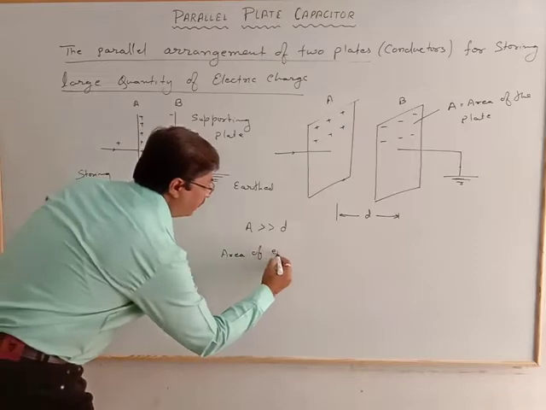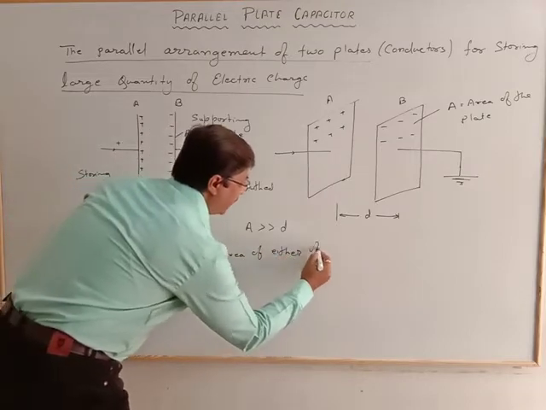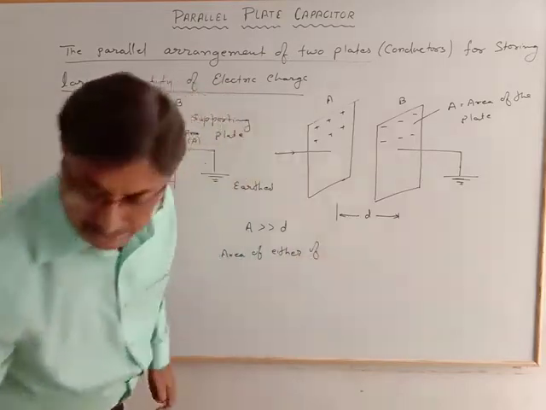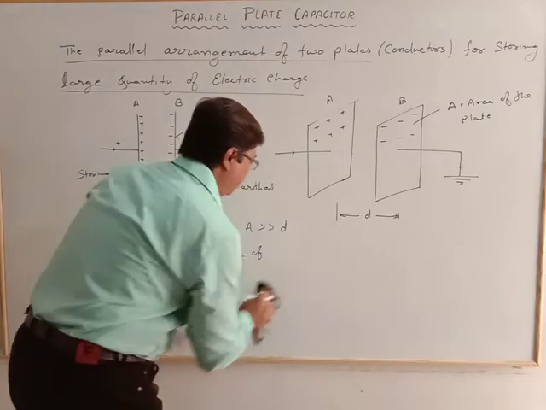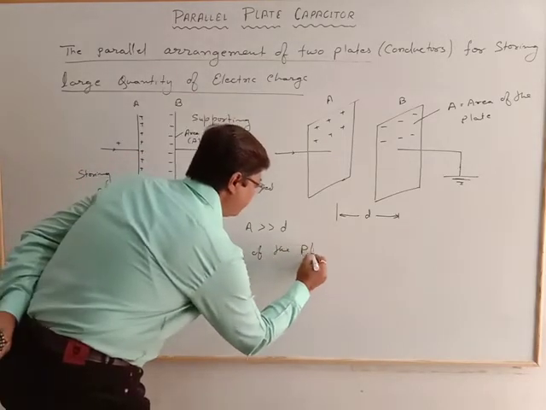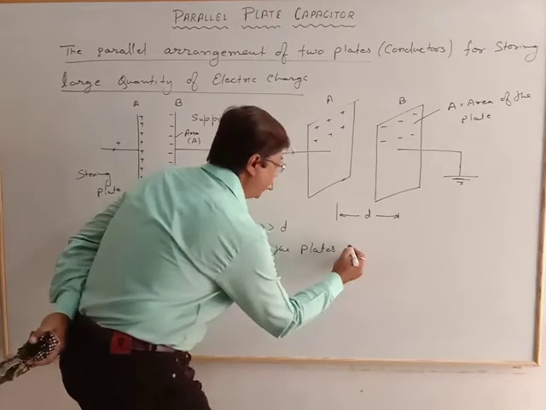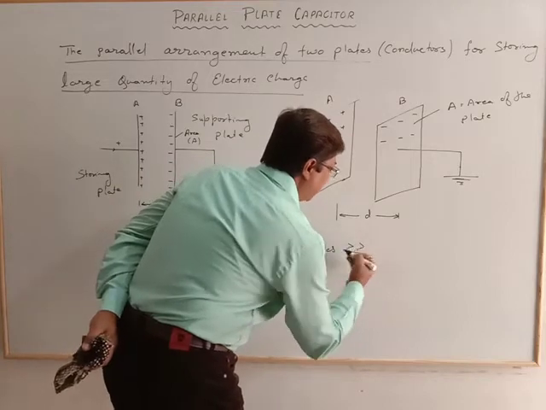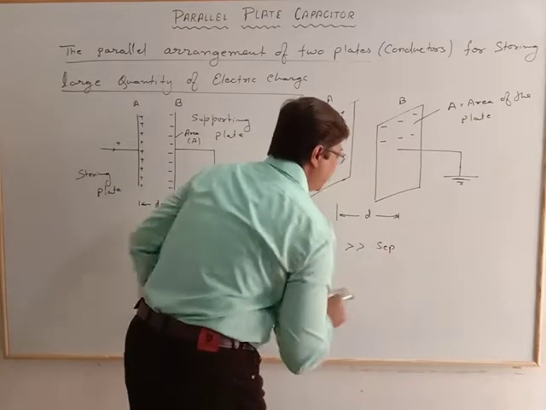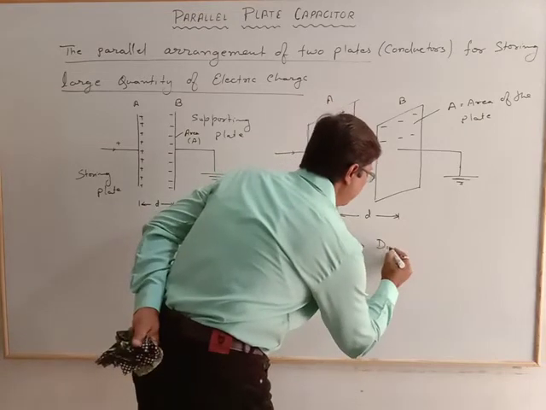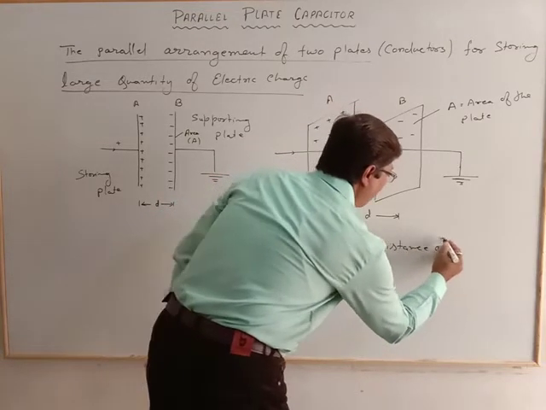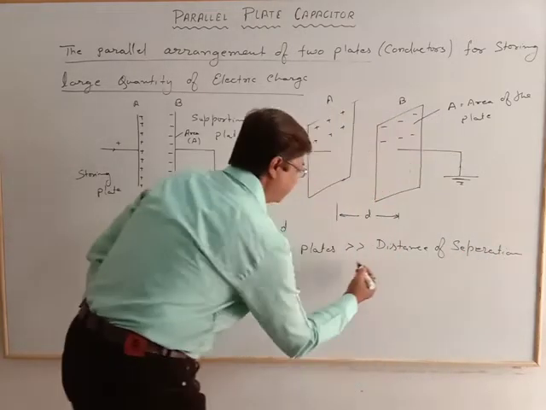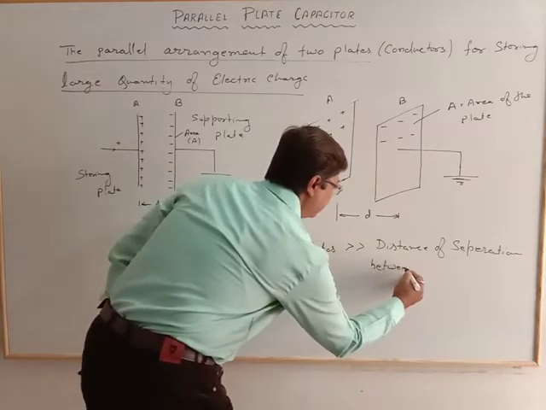So the area of either plate, or both plates, is much greater than the distance of separation between them.